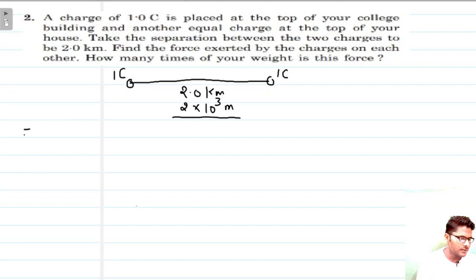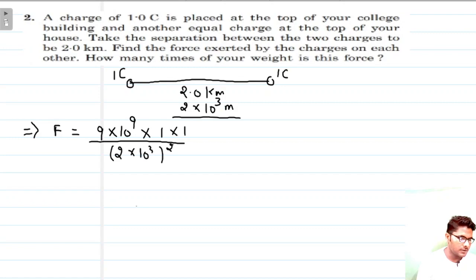Following this, we have to find the force acting between the two charges. So the force F is equal to 9 into 10 raised to the power 9 into Q1 Q2 over R square, where the distance is 2 into 10 raised to the power 3 meters, squared.